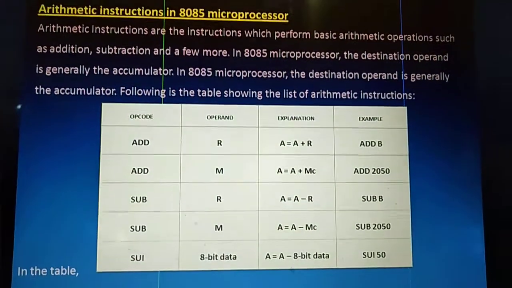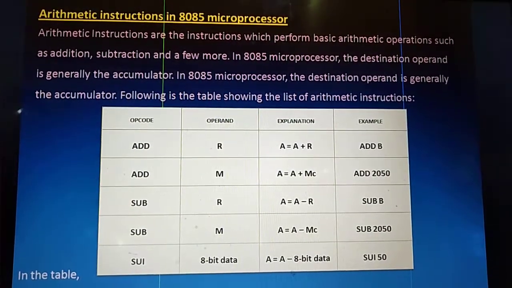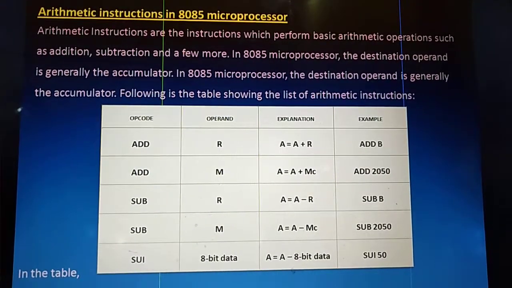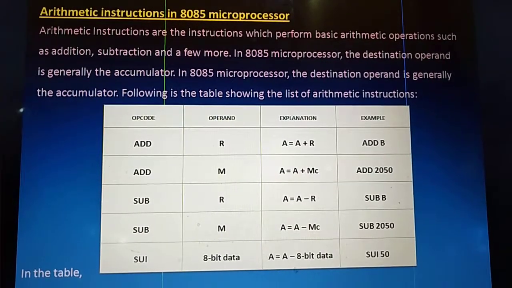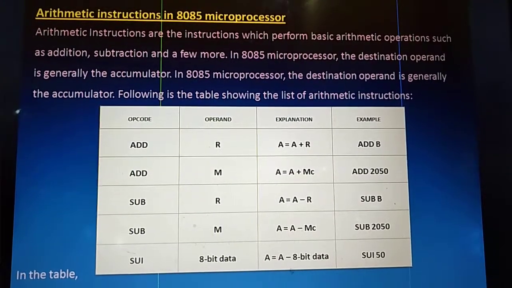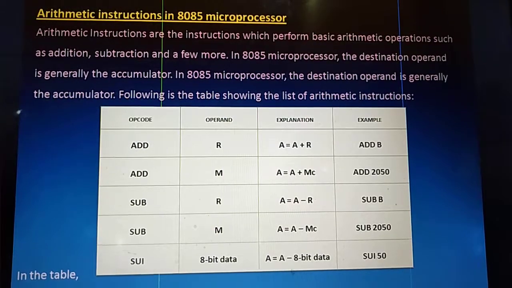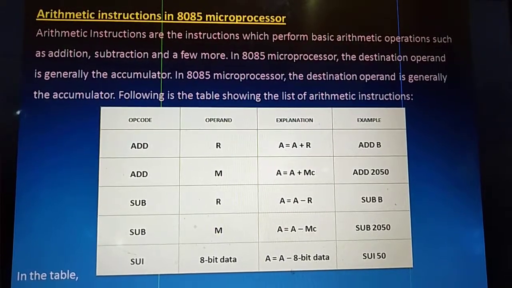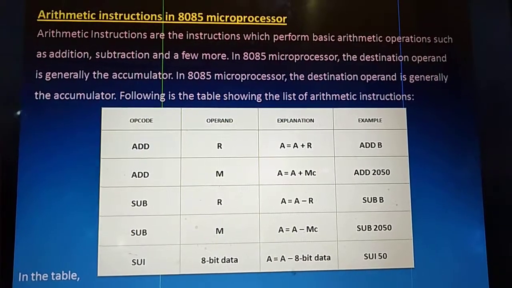Now, in this table, I have tried to represent some commands of arithmetic instructions which are generally used in the 8085 microprocessor. Operation code ADD, operand R, explanation A = A + R. If the operand is M, then A = A + MC.